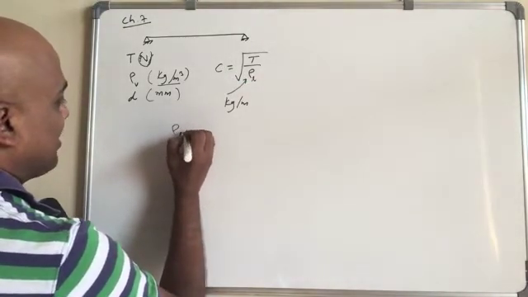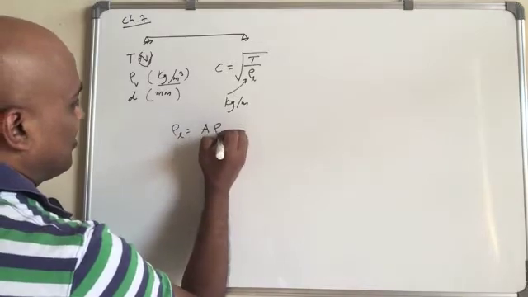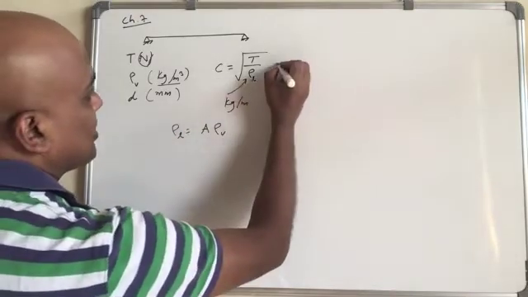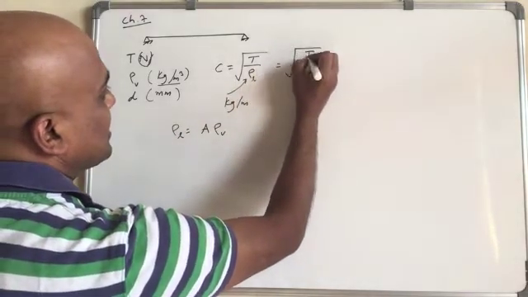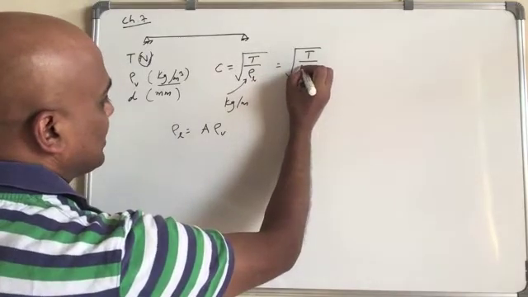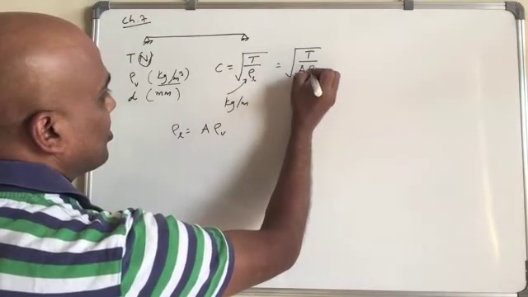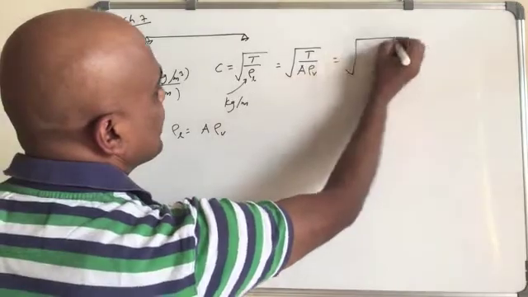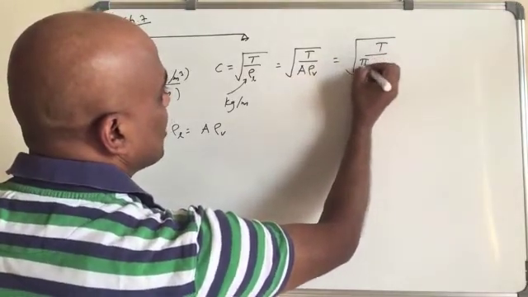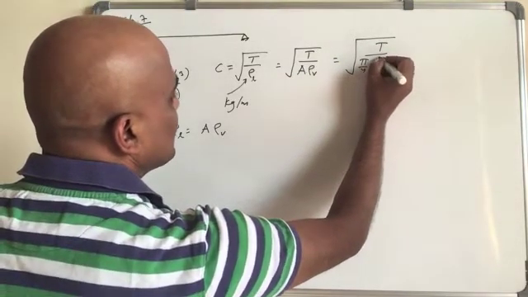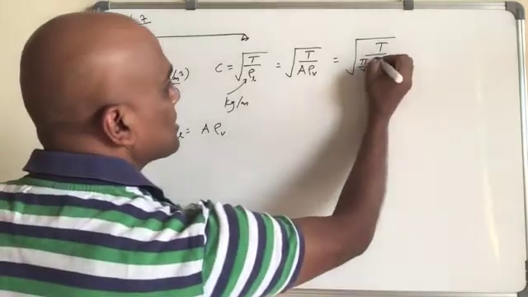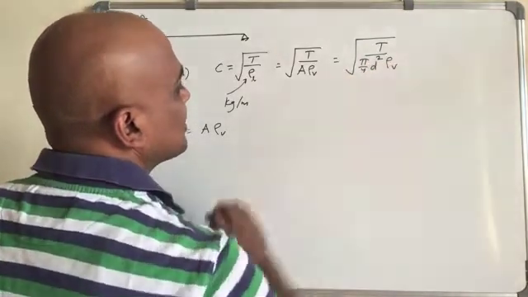So rho L equals A times rho V. What you get is c equal to root of T over A rho V, which is root of T over (pi over 4 D squared rho V).